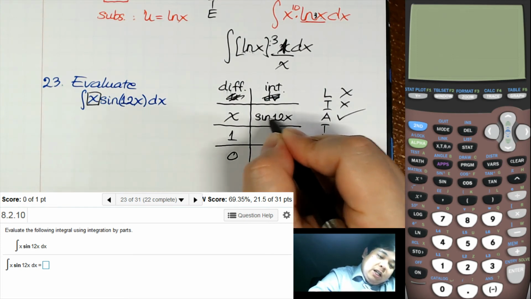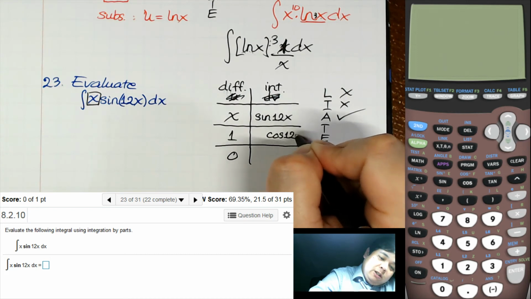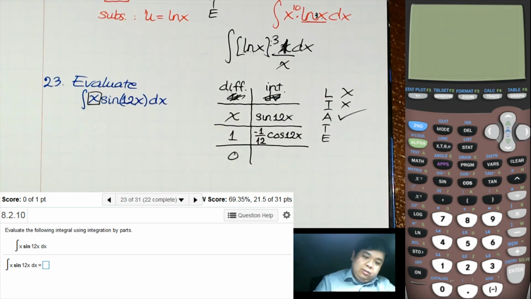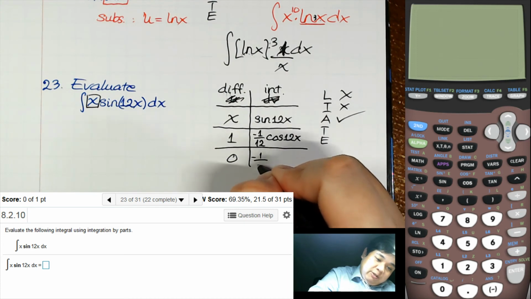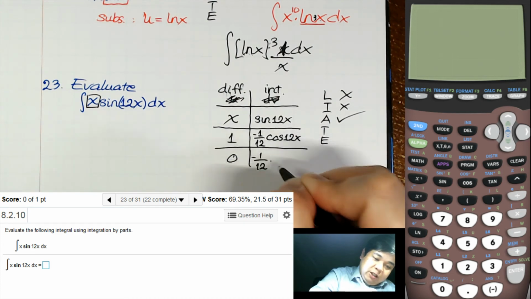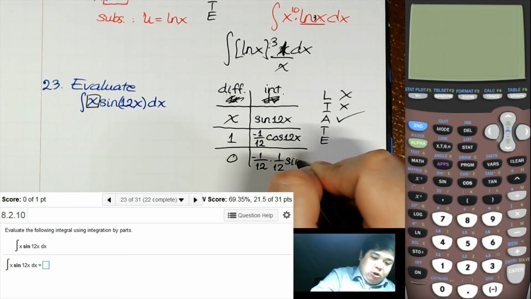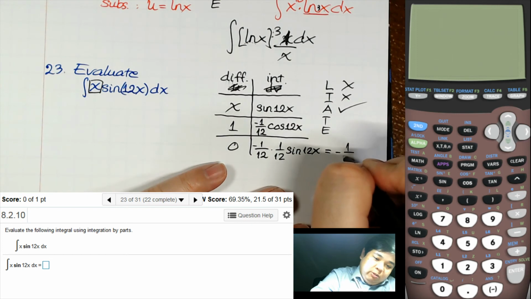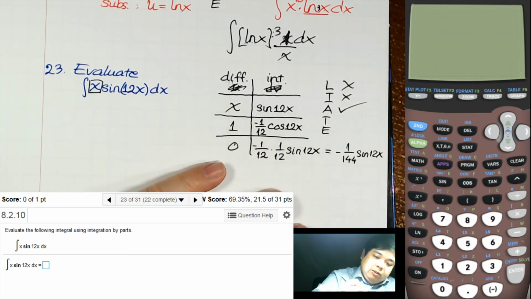Integrate: integral of sine is negative cosine, and then divide by 12, so negative 1 over 12 cosine. Then integrate that again, it's still negative 1 over 12 times 1 over 12 sine of 12x, so negative 1 over 144 sine of 12x.